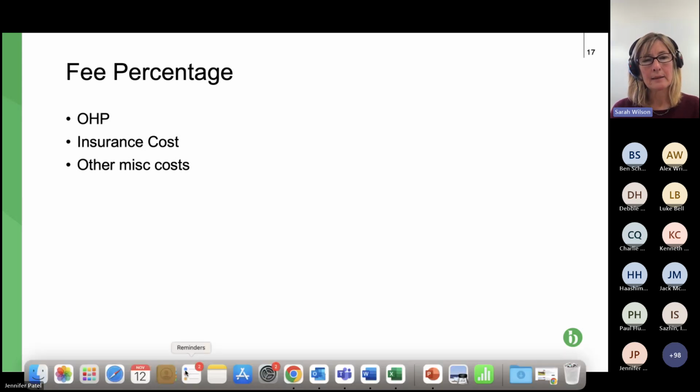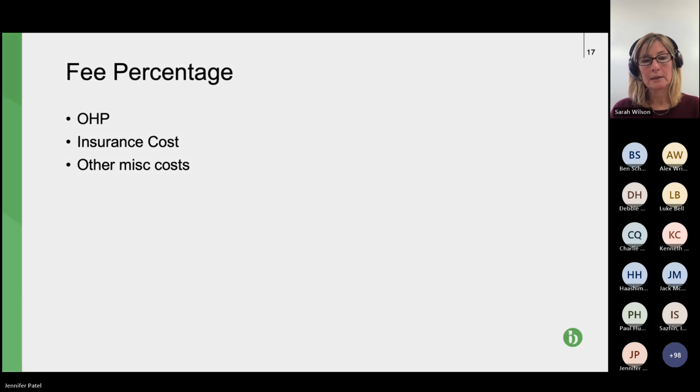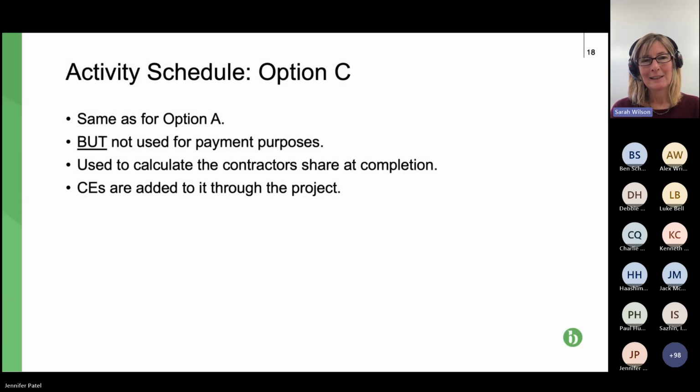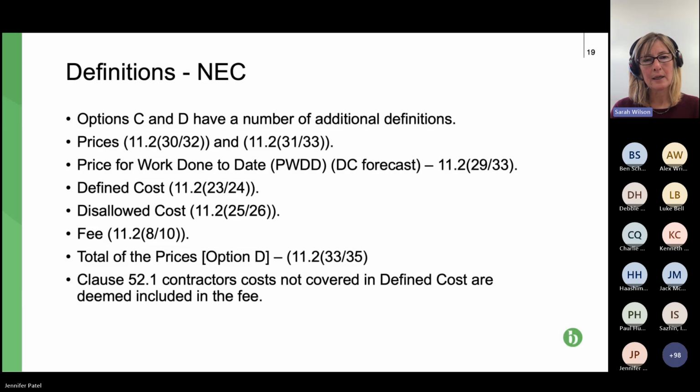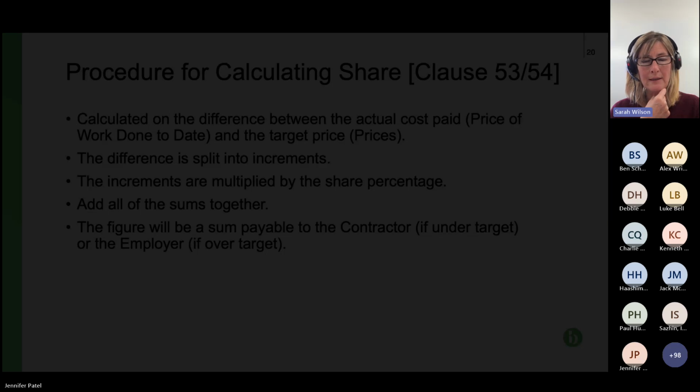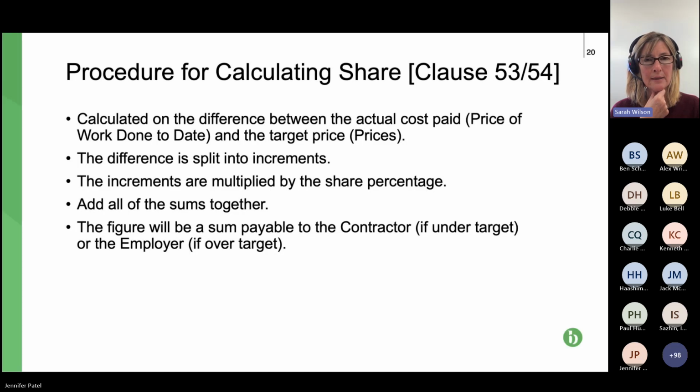Next slide, please. Right, we've covered that. So if we can move on to the next slide, please. And we have covered all of these. These are just the clause numbers for all of these terms. So if we can move on to the next slide, please.